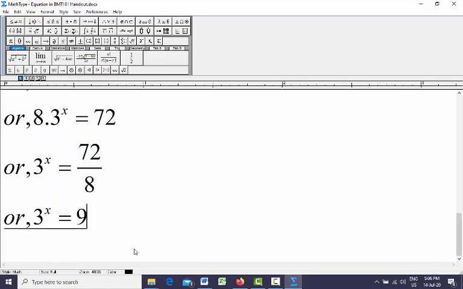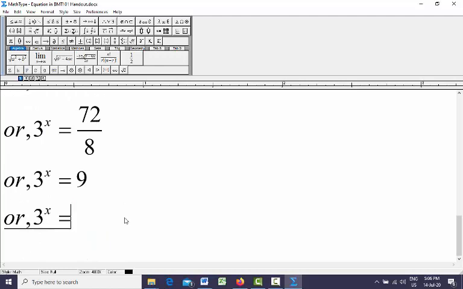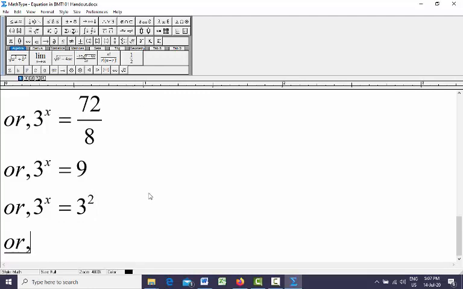That means we will have 9 here. So this 9 we can write like 3 square.